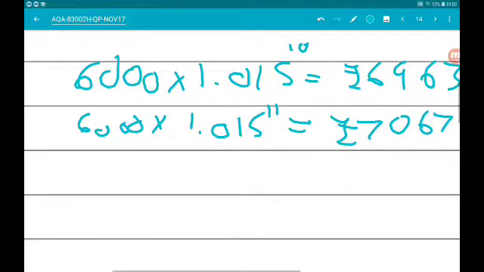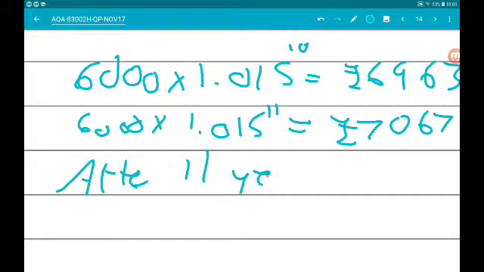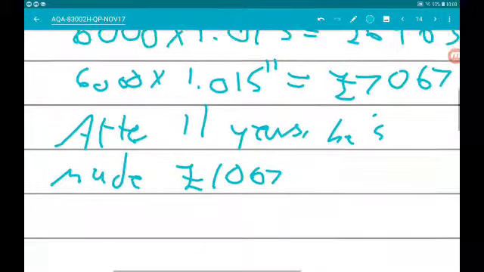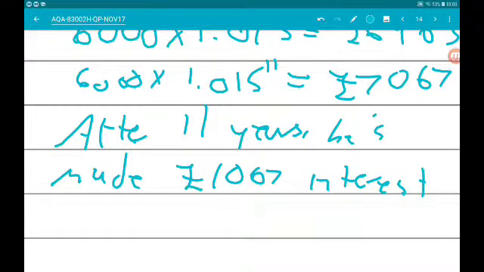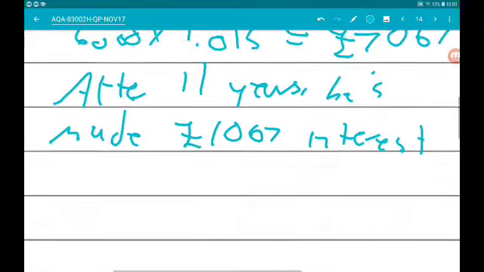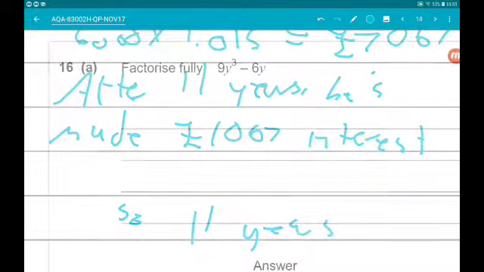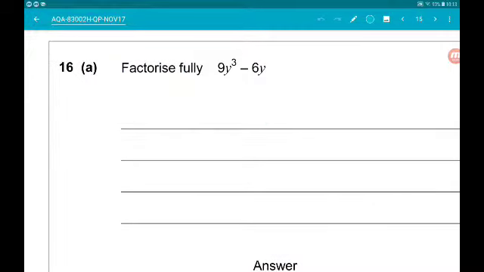So after 11 years, he's made 1,067. There was pence as well, but we don't really care. Interest. All that we care about is that he has now made more than £1,000. So the answer is 11 years. Cool.